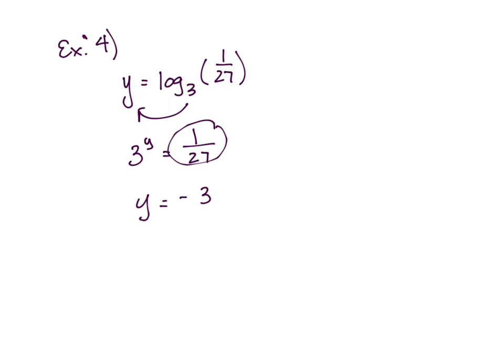If it had just been 3 to the y equals 9, what's y? 2. If 3 to the y equals 27, what's y? 3. But I have 3 to the y equals 1/27th. So the power has to be negative or it doesn't come out a fraction. Is that better? Okay, let's try one more.